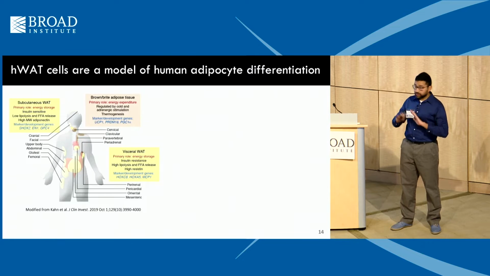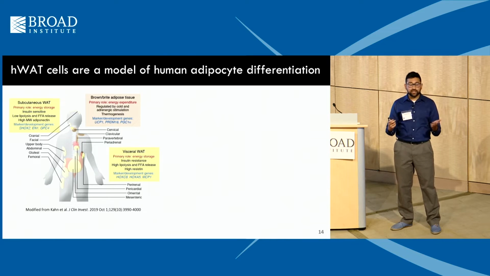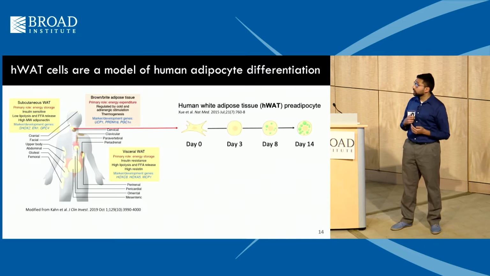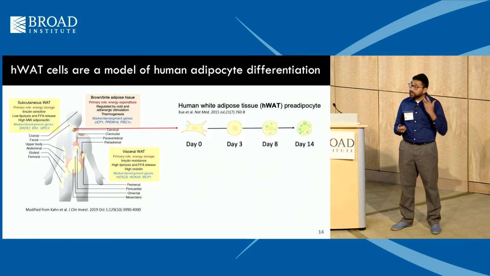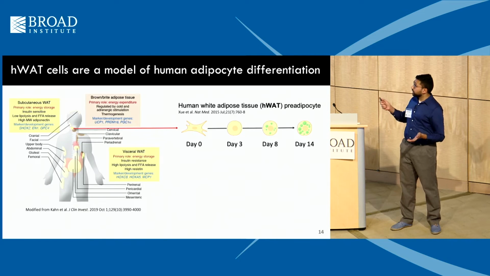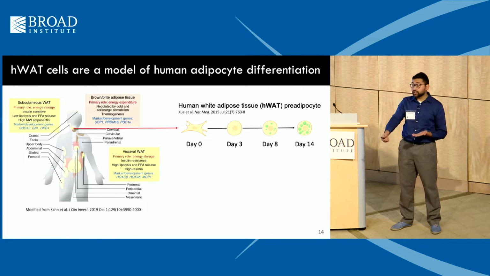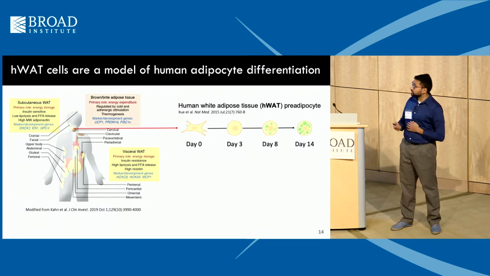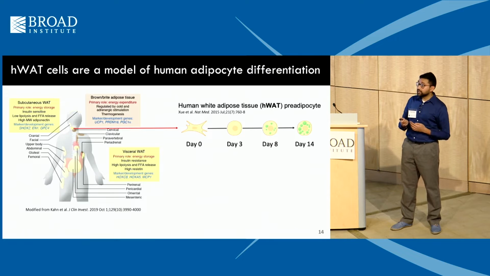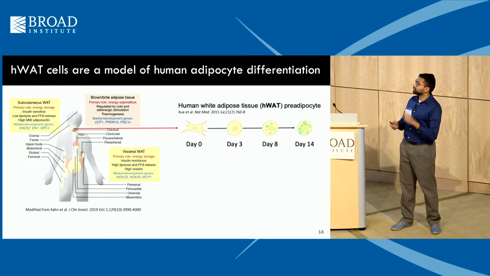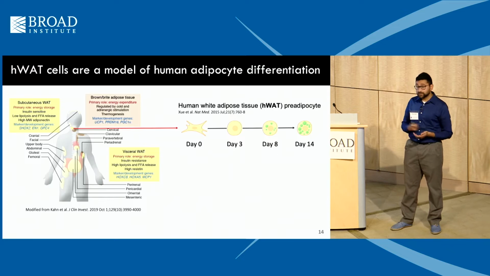To motivate the system in which we do these studies, HWAT cells, or human white adipose tissue cells, are taken from human neck fat, and you can immortalize them and then grow them over time and collect different time points of differentiation through adipogenesis. Here we collected time points for day 0, day 3, and day 14.